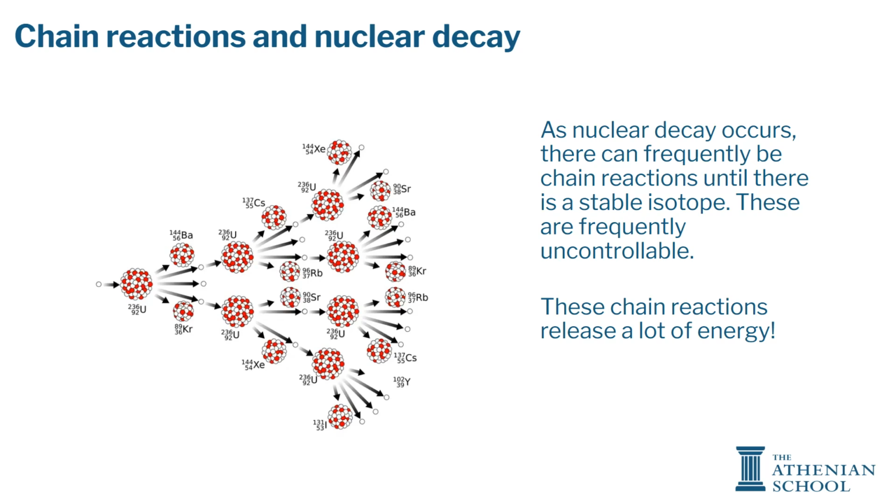So there's things like what you see on the left, where we're starting with this isotope of uranium, uranium-236. You'll see it's a chain reaction, and this will split into this, which will bump into this, which will generate another of this. These frequently are uncontrollable. There are some ways of controlling chain reactions, but the main thing that I want you to know is that these chain reactions actually release a lot of energy.